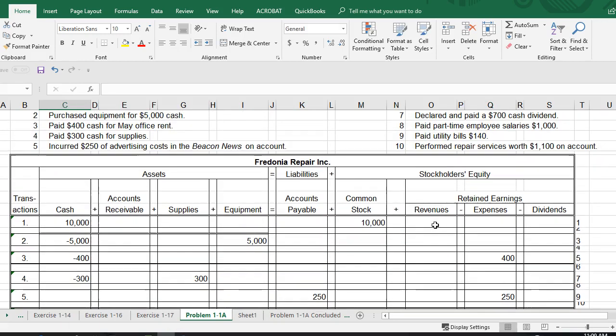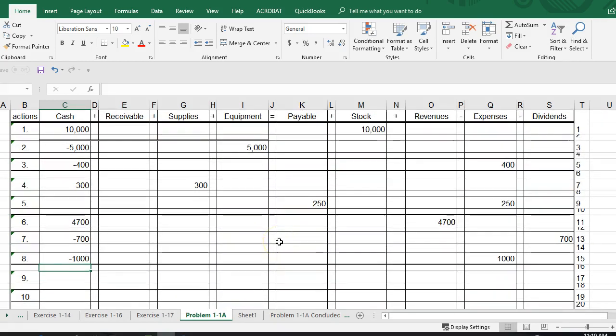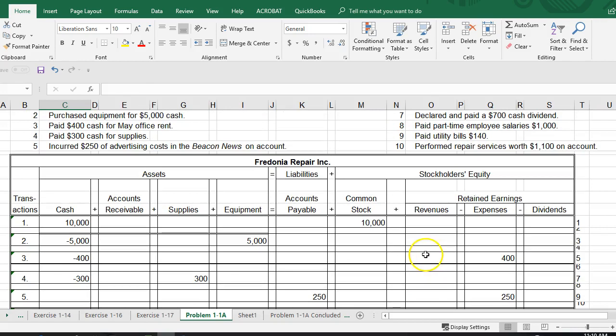Almost done. Next, pay utility bill for $140. So again, you're making a payment, so your cash account would decrease by the $140, and your expenses are going to increase by $140.